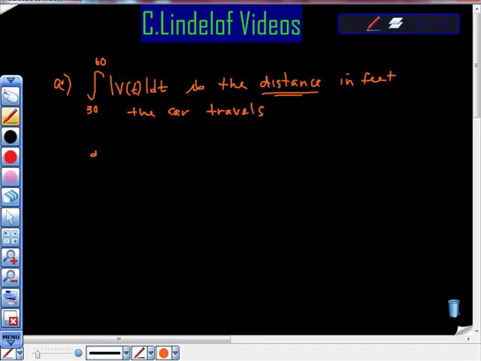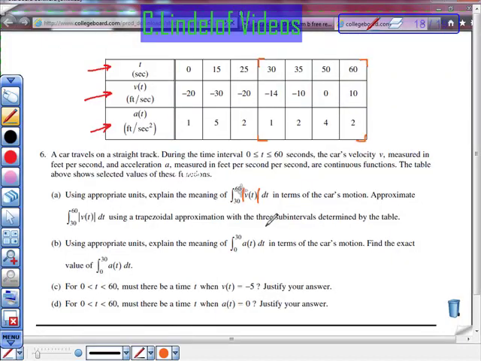Then we have A part B. It says approximate that function using a trapezoidal approximation. So let's look at this for a second. This is really important too. Keep in mind they want us to go from 30 to 60, and they want us to use a trapezoidal approximation with 3 subintervals.